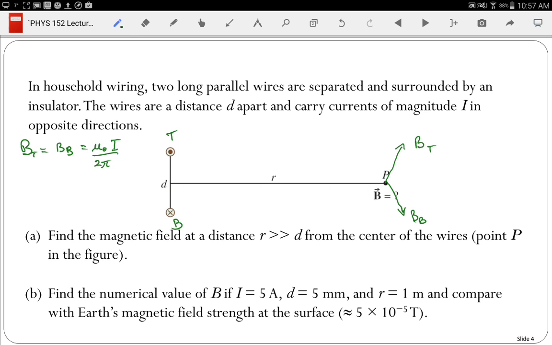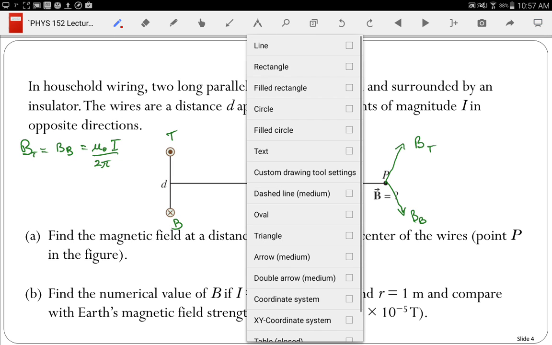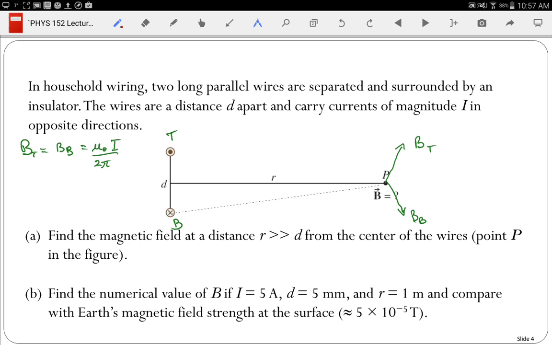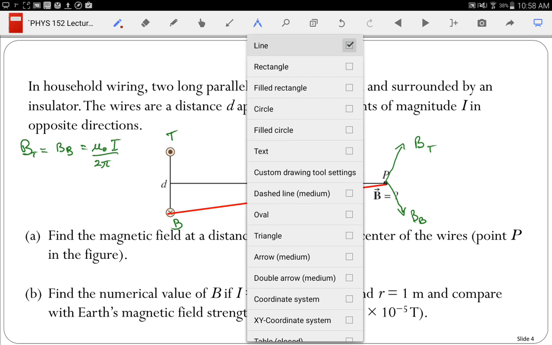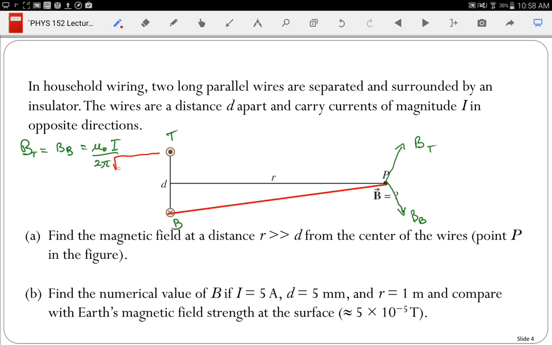The radius is going to be this distance. So how do I calculate that distance? I'm going to put r squared plus d squared divided by 4. That is the square of d over 2. So that's the magnetic field strength.